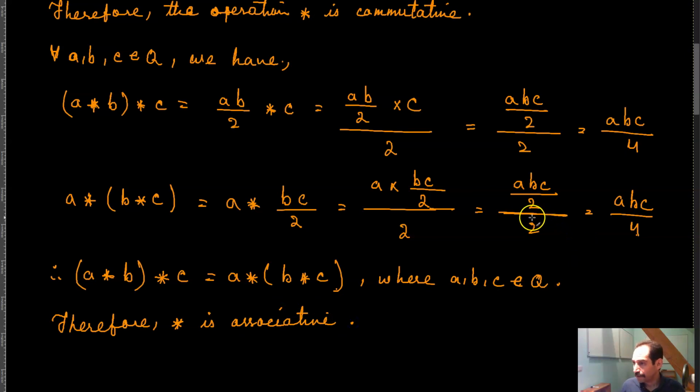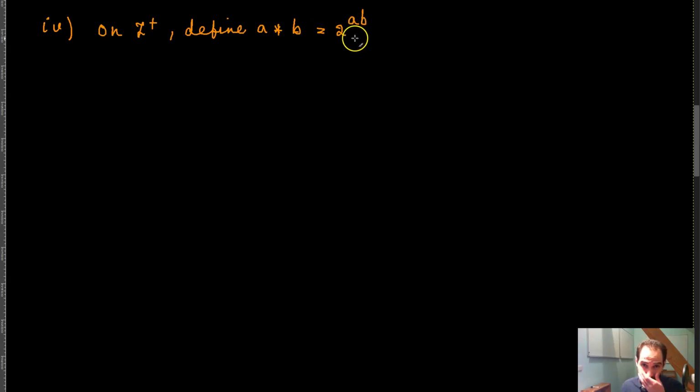Now part 4 of this question says on Z plus define A star B is equal to 2 raised to the power AB.